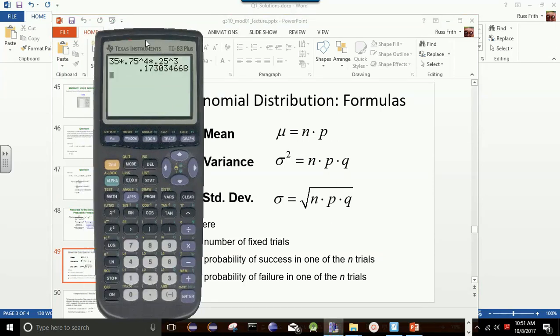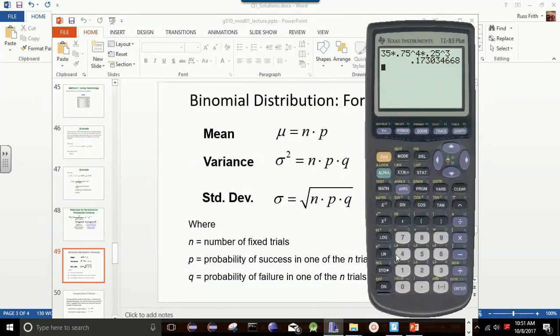So mean is equal to 7 times 0.75, and that's 5.25. The variance is just the mean times the probability of failure, so times 0.25. That's 1.3125.